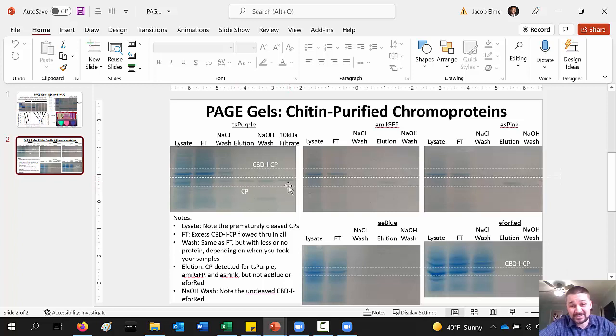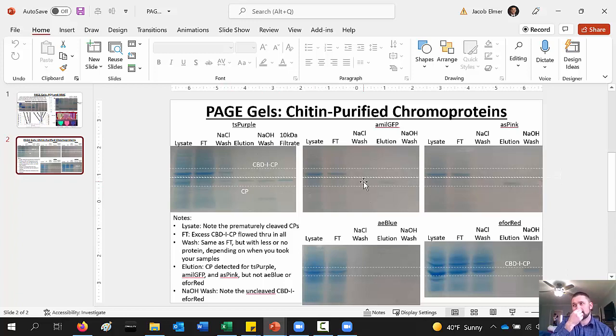So this suggests to me that the filter that I just happened to give Nick and Nicola was broken. It must have had a hole in it, so it let all of that precious TS purple through instead of filtering it. That's what the PAGE gel is suggesting. If that protein had denatured, I would have expected to either see nothing here or seen something at a much lower molecular weight.